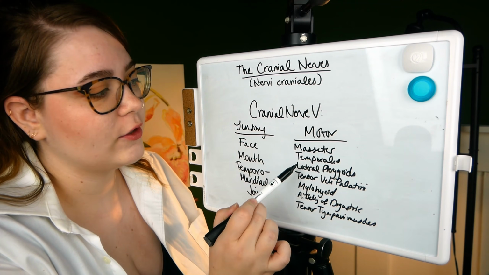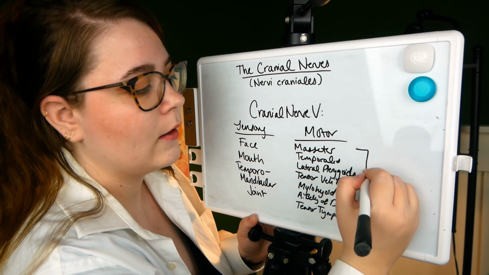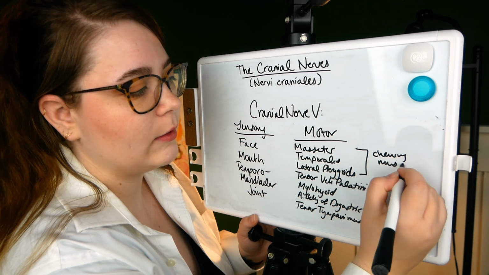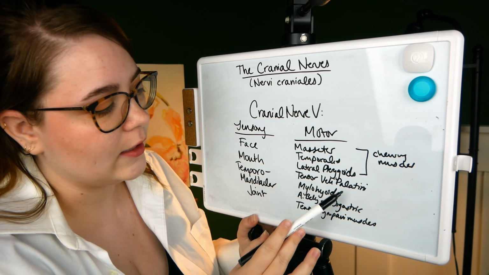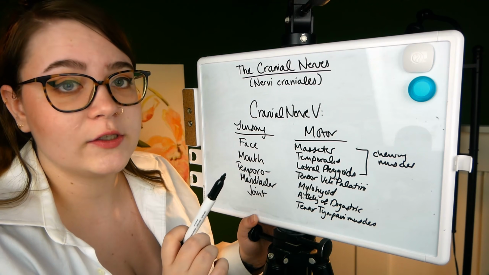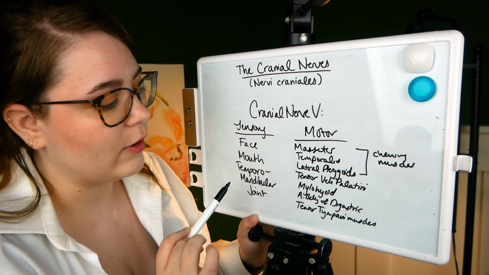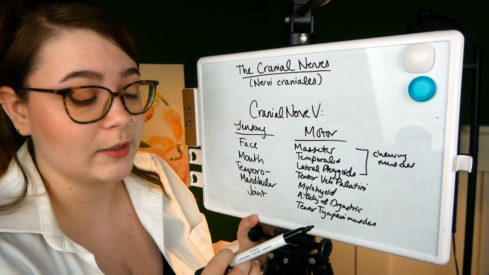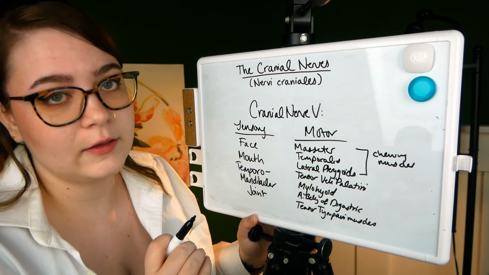So we have the masseter, temporalis, and lateral pterygoids. These are your chewing muscles. We have the tensor veli palatini, which assists with swallowing and yawning. We have the mylohyoid, the anterior belly of the digastric muscle, and the tensor tympani muscles in the ear.